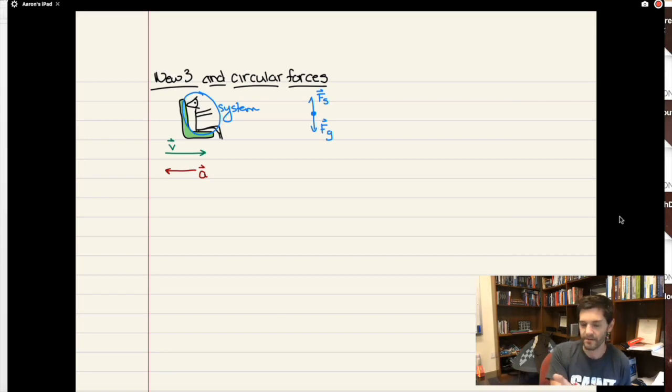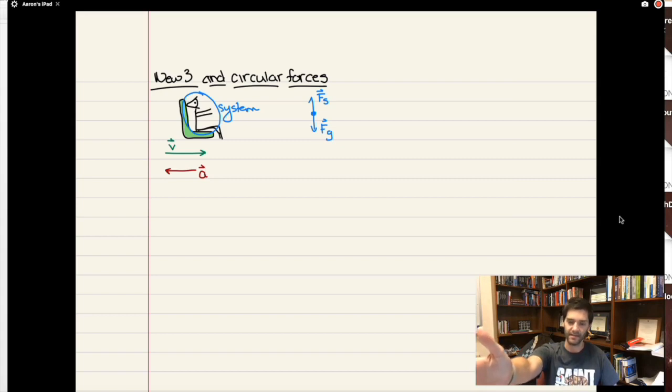There is no force that can provide the acceleration that points to the left, like what I've drawn. If these were the only two forces, you would not decelerate at all because there's no horizontal force acting on you. So while the car slowed down, you would just keep going at the same velocity, Newton's first law, and smack your face into the steering wheel.